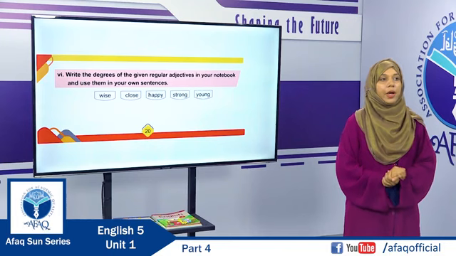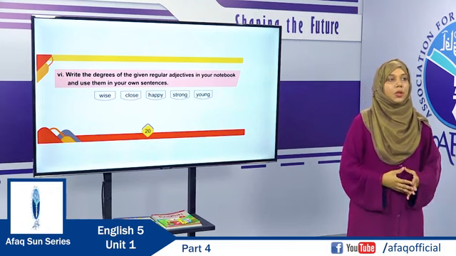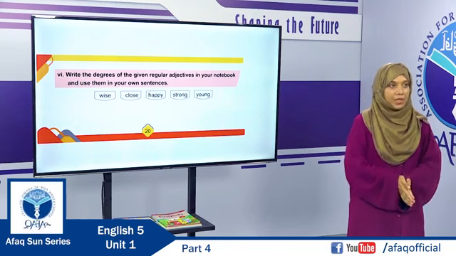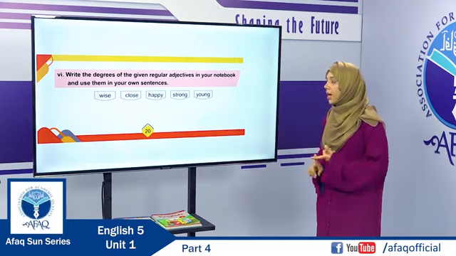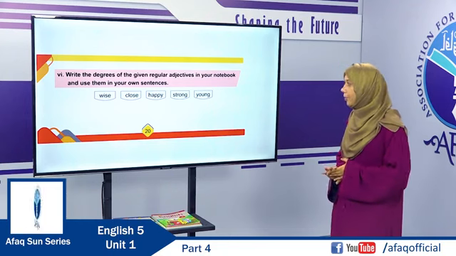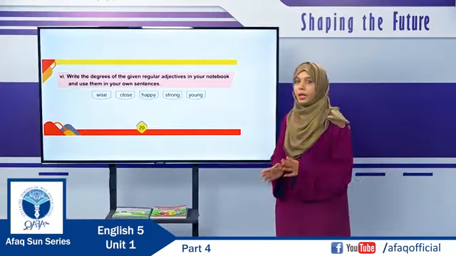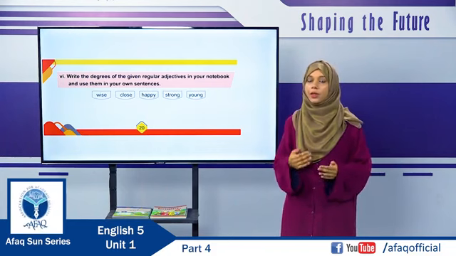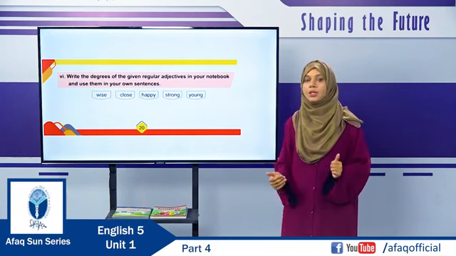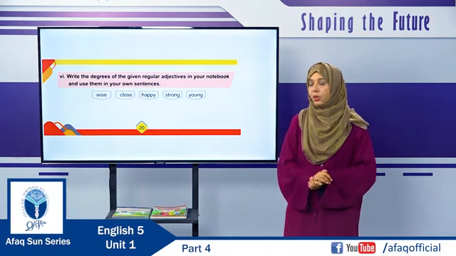Dear students, now I want you to use your knowledge of regular adjectives and their degrees. Here we have given you different regular adjectives: wise, close, happy, strong and young. I want you to write the comparative and superlative degrees of these adjectives and then use all the 3 degrees in sentences of your own.